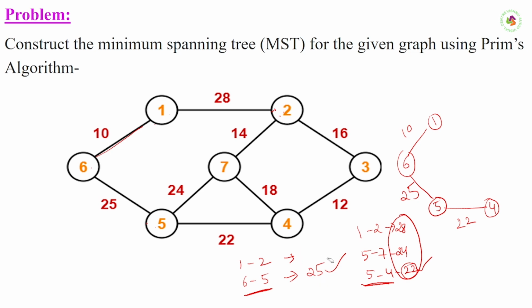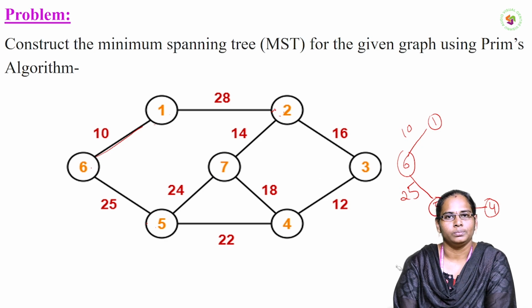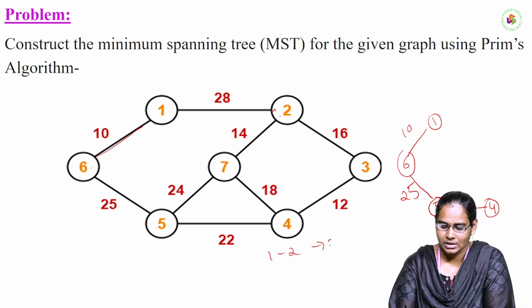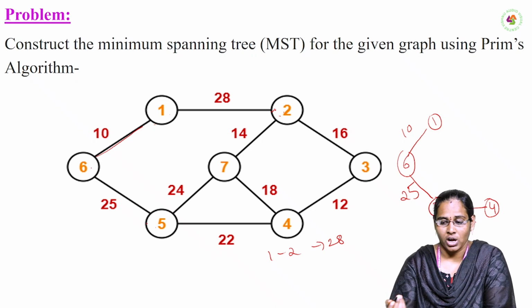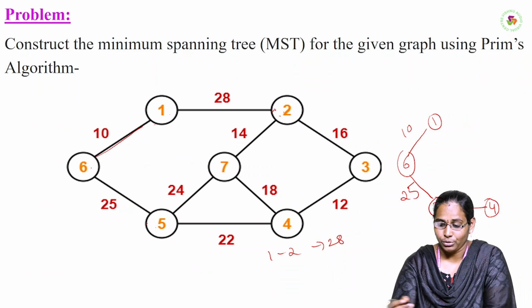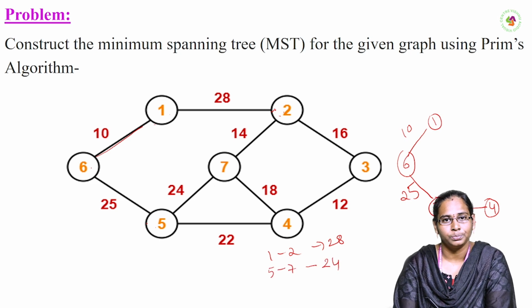Now again you apply the same procedure. Again we have vertex 1, vertex 6, vertex 5 and vertex 4. Again 1 to 2 we have 28. Again 6 to 1 already connected, 6 to 5 already connected, then 5 to 7, yes, 5 to 7 also there with cost 24.